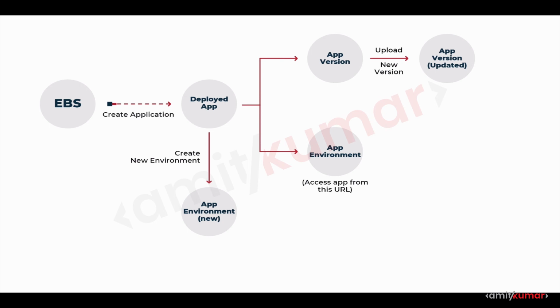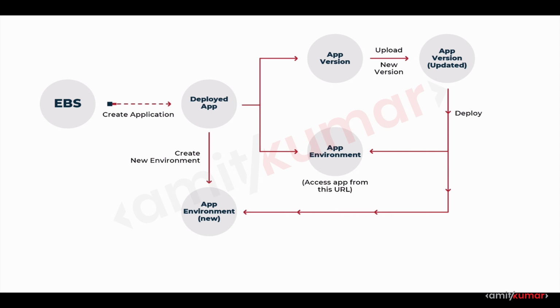And now we have the new app version that we have updated, right? We have actually done some changes probably on our local system and then uploaded it on Elastic Beanstalk and the app version has been updated. This can be deployed on the default app environment as well as the new app environment. It's completely up to us.